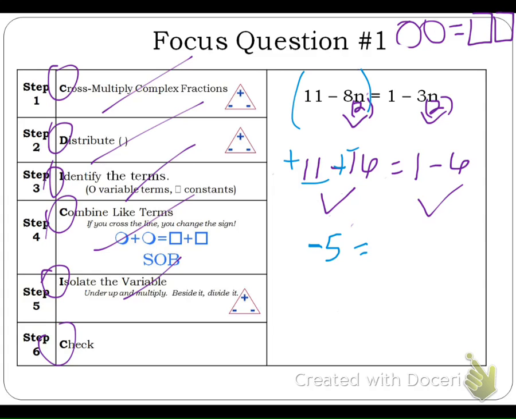Means the same thing. 1 minus 6, again, it's a subtraction, so I need to keep, change. I have a positive 1 and a negative 6 equals a negative 5. There we go, it checks. So my solution was n is equal to 2, and we plugged it back in and it checked.